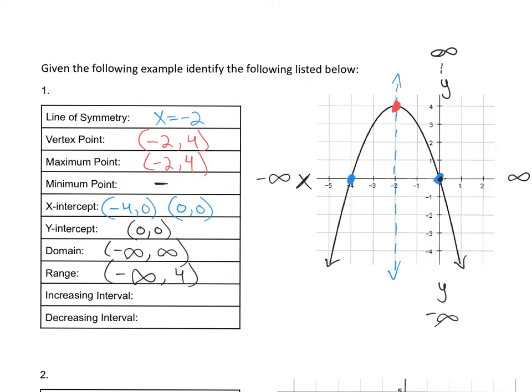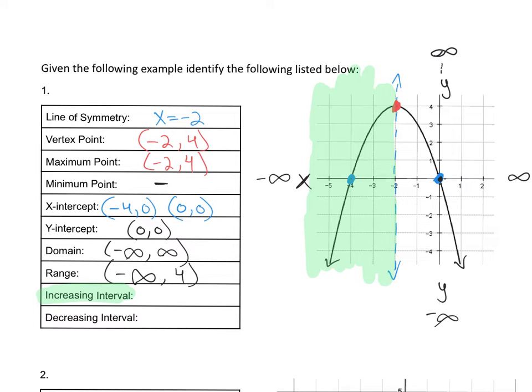So looking at our increasing intervals now, we want to look at the interval of x values where our graph is going up from left to right. So I'm going to just highlight the section of graph where our line is going up. There you can see that I've highlighted in green where that graph is going up from the left to the right.